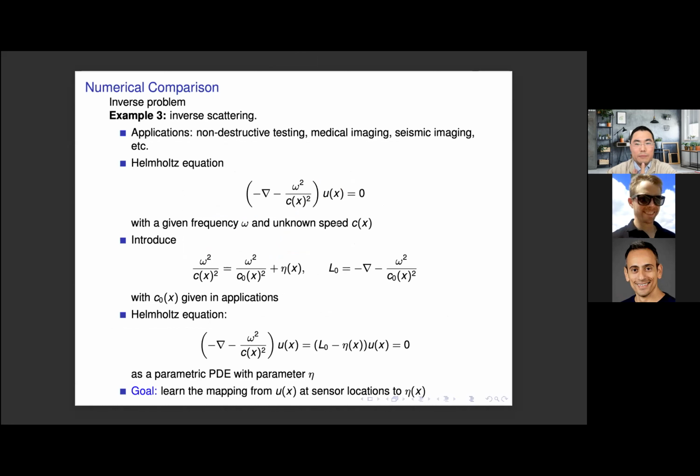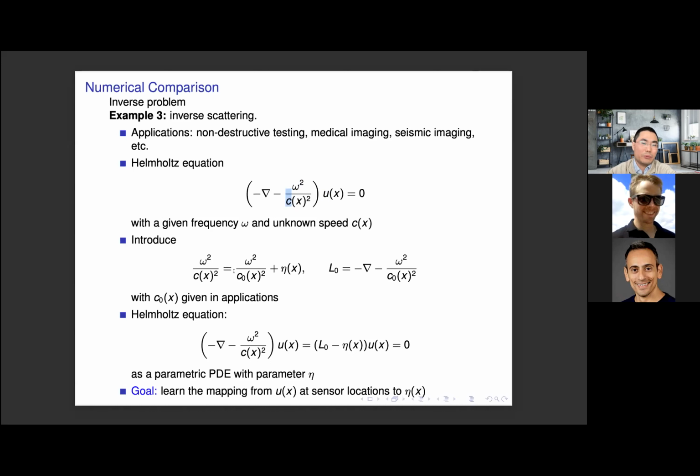In this problem, we have the Helmholtz equation where the frequency omega is given. We want to learn the velocity function c from the measurement of the solution u. So essentially we have an operator mapping from the measurement of u to the function c. In application, typically we have some background knowledge about the function c.